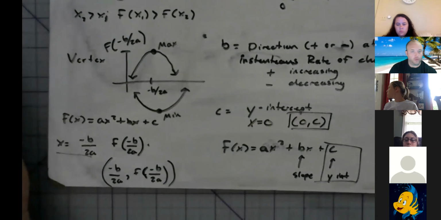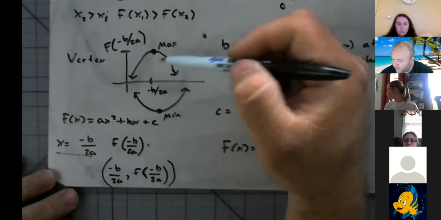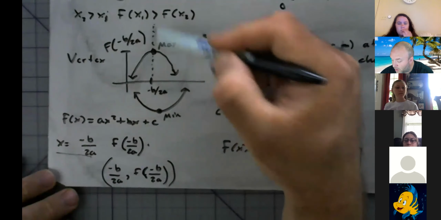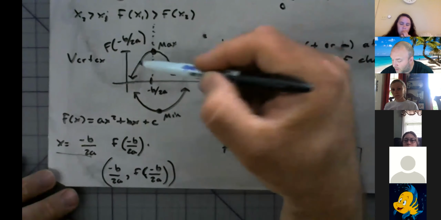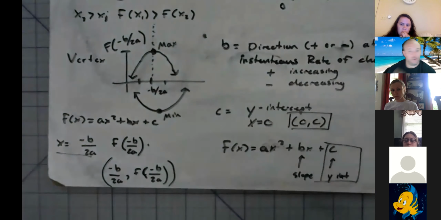Let me say one other thing. You also notice with parabolas, these parabolas are symmetrical, to where you have corresponding outputs, the same value based on a given input.